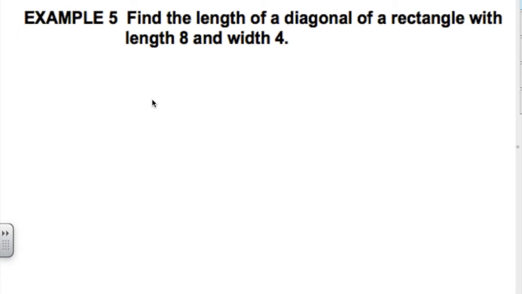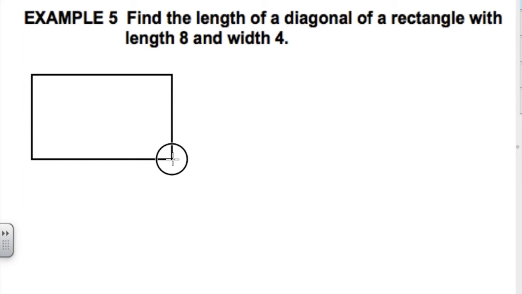All right, example 5. Find the length of the diagonal of a rectangle with a length 8 and a width 4. So first you need to draw your picture. So we have a length of 8, a width of 4, and I need a diagonal.